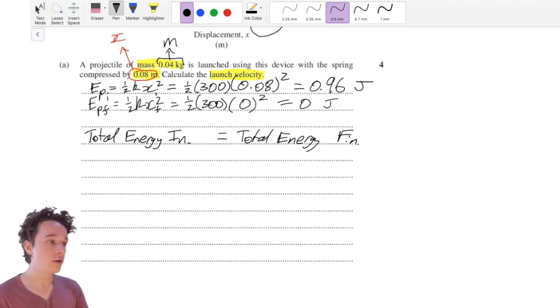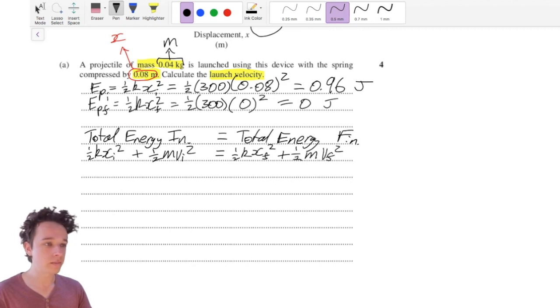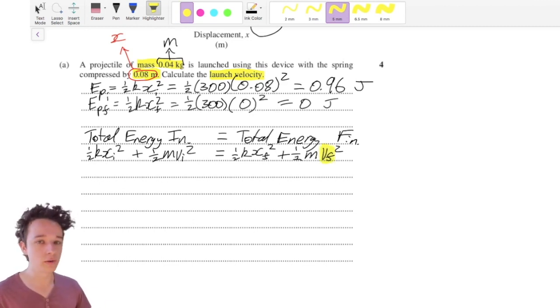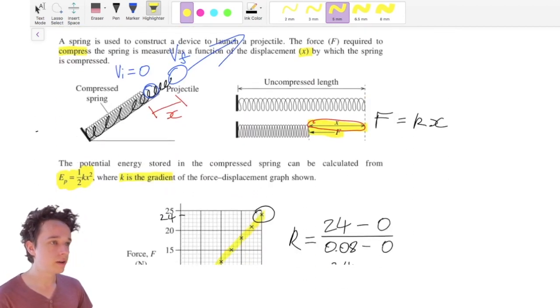So we have half k x initial squared, that's the potential energy initially, plus half m v i squared, which is the kinetic energy initially, is equal to the same thing on the right except with subscripts of f: half k x f squared, the potential energy finally, plus half m v f squared. And this v f, the final velocity, is exactly what we're looking for. That's the launch velocity, which is the entire point of the question.